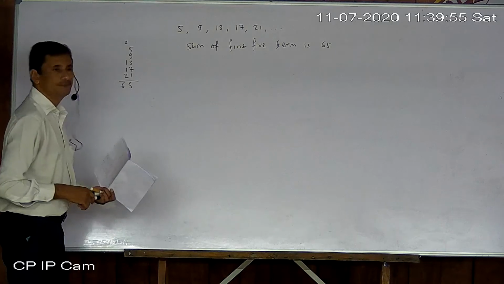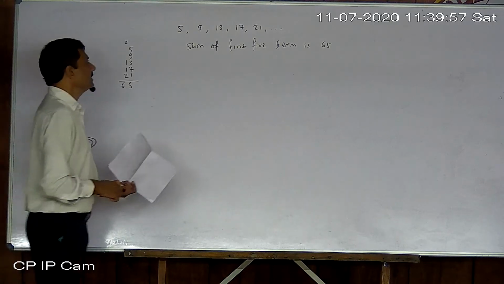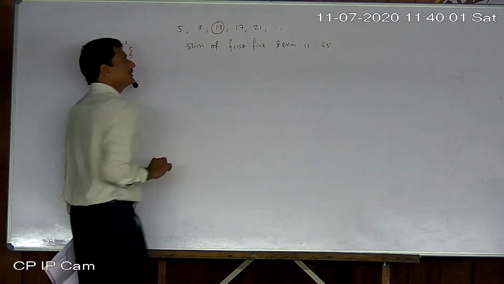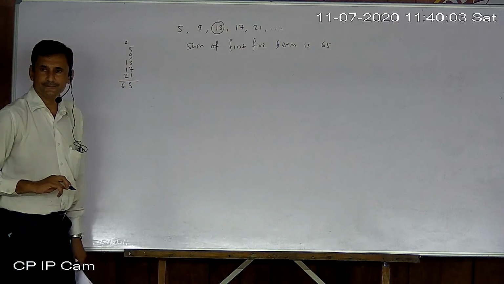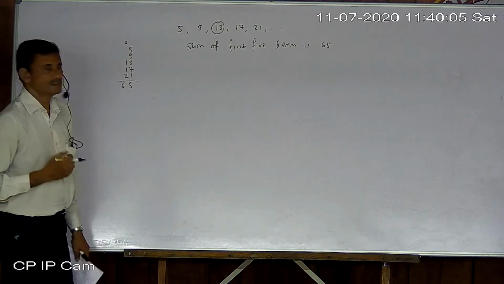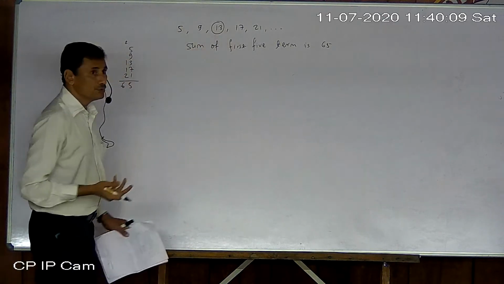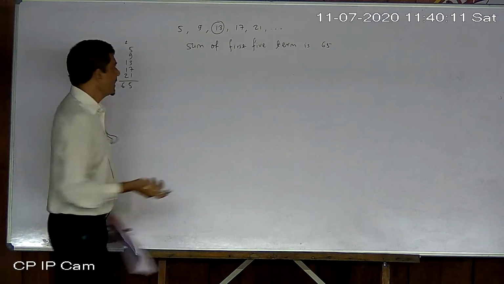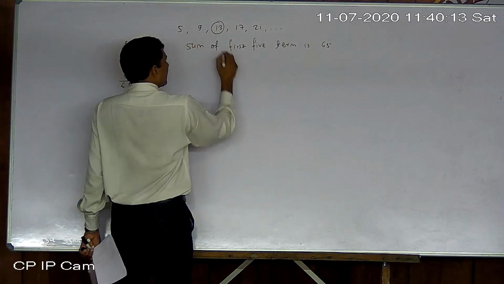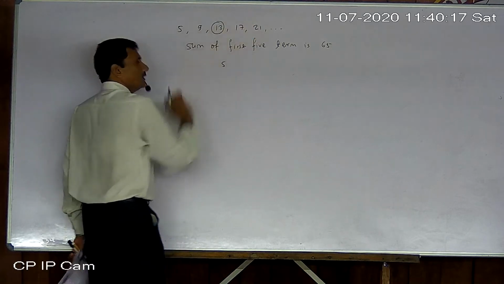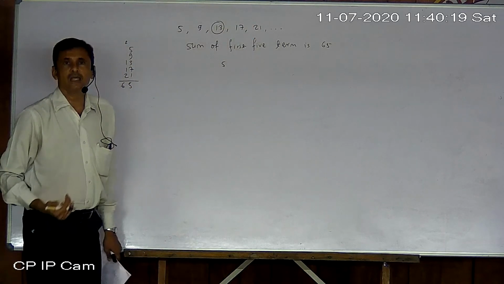Actually it is nothing but an average: 13 fives are 65. So that is nothing but an average. Now you know how to find average. Okay, so can I say finding average is the sum of all terms divided by n.